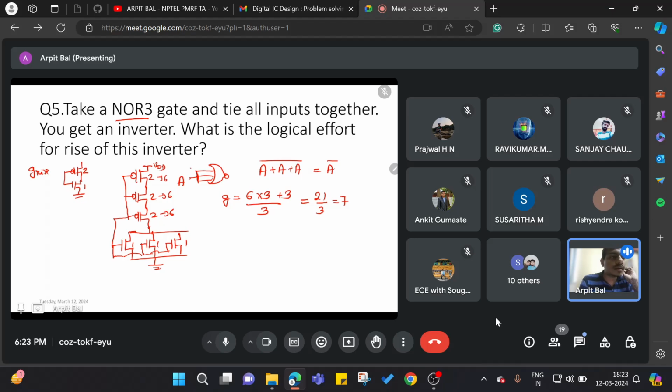But in the high skew or low skew cases, we used to reduce the width of the NMOS by some quantity and the width of PMOS by some quantity, right? Yes, sir. So in those cases the comparison was also a bit different.